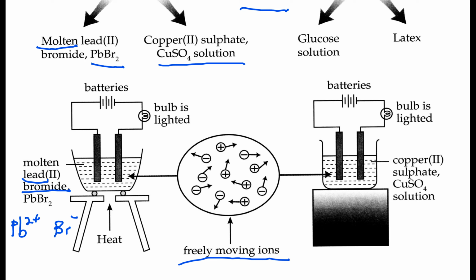In the case of the copper sulfate solution, the water is able to separate the Cu2+ ions from the sulfate ions, and hence these ions are free to move and free to conduct electricity. At the same time, the water also introduces H+ ions and OH- ions.